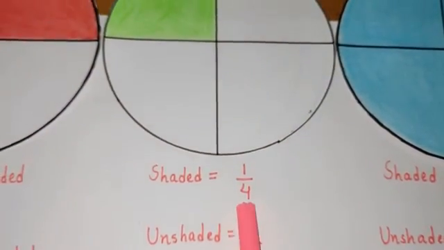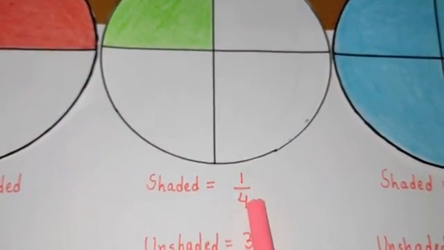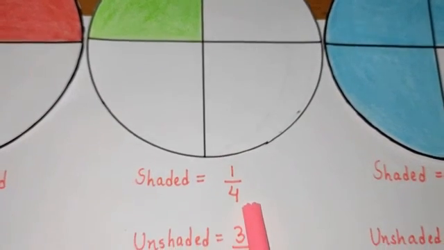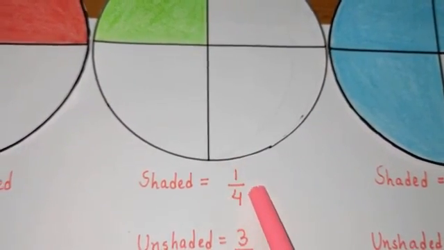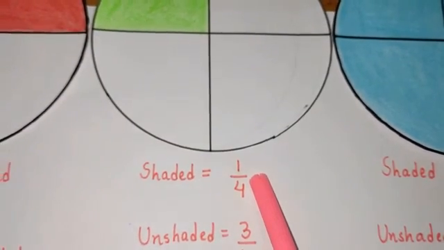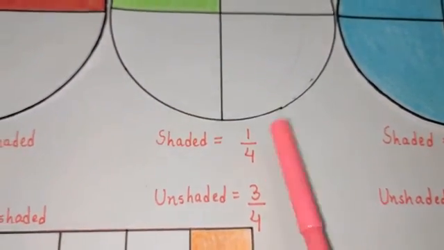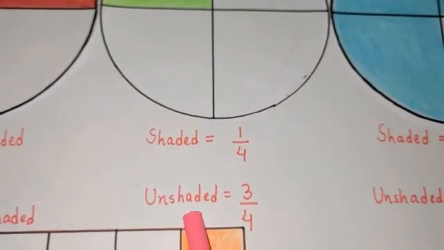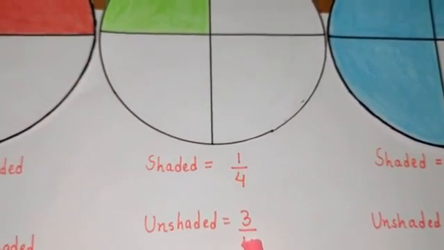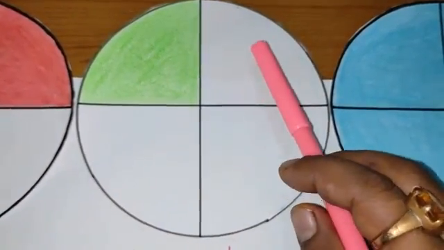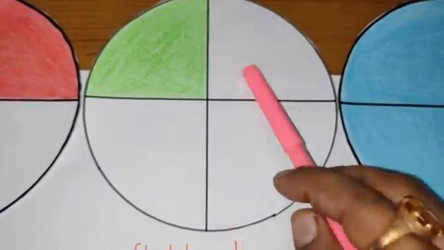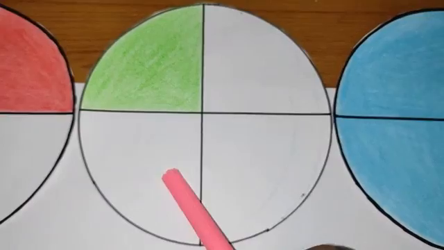So the fraction of the shaded part would be 1 by 4 or 1/4, or 1 by 4th is also known as quarter. Okay. Similarly, the fraction of the unshaded part. Let us look at the parts that are unshaded. How many parts are unshaded? 1, 2, 3. 3 parts are unshaded over here.